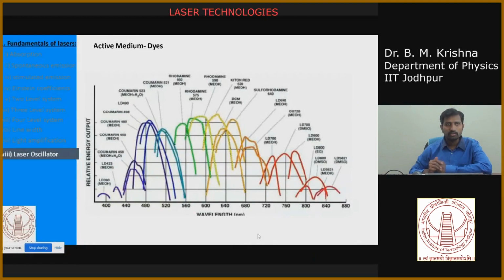And for dye lasers, we have a wide variety of dyes available in the market. For example, if you want your laser operating at around 550 or 560 nanometers, you can use rhodamine 560 dye as your active medium.